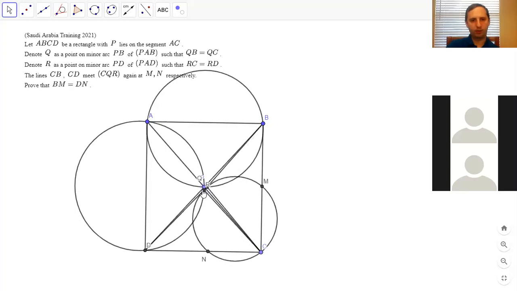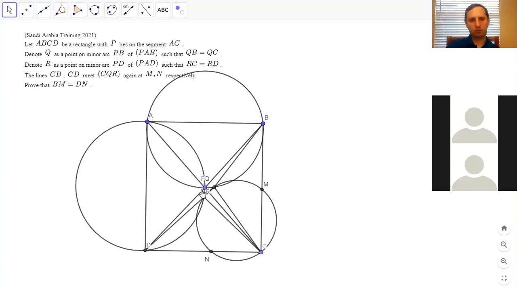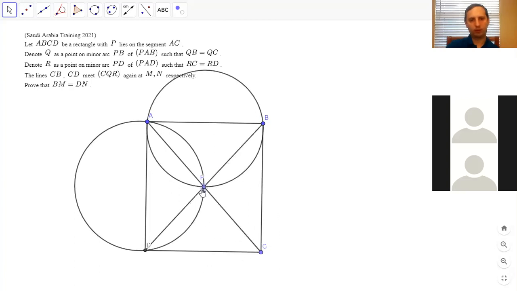But what if P is the center of the rectangle? Would it be obvious in that case? Probably should be, right? Because then this would be the circle with diameter CP. Actually, I'm not sure if it's so obvious then.